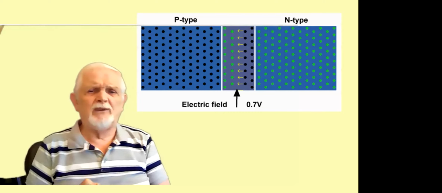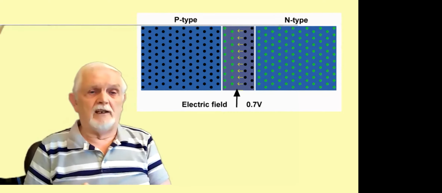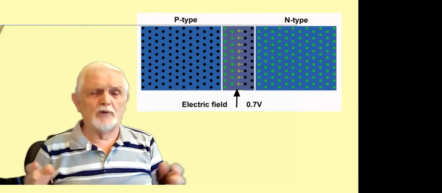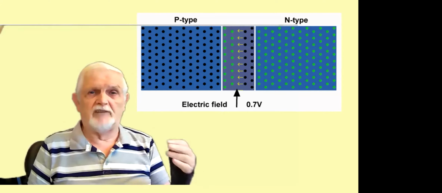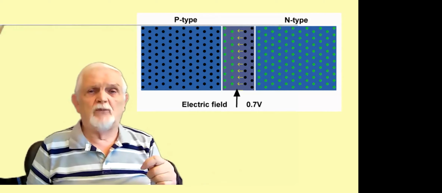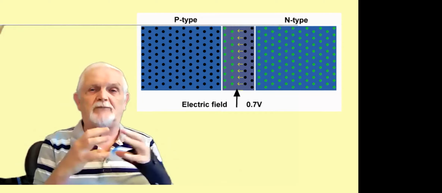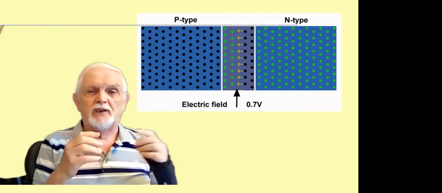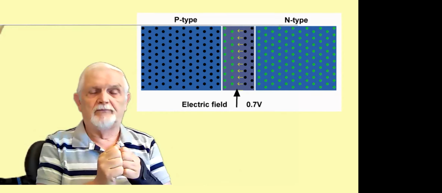Why does that happen? Well, you may have come across, we often say it, that a diode will always drop roughly 0.7 of a volt across it, sometimes 0.65, an ordinary silicon diode. Why does it do that? Well, when you put the n-type and p-type together, at the junction between the two, they try to get a balance.